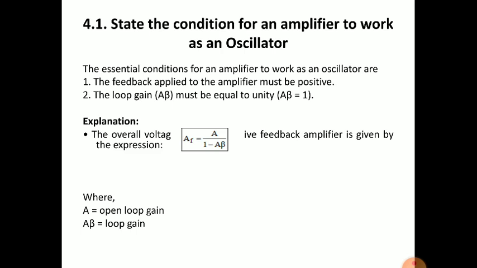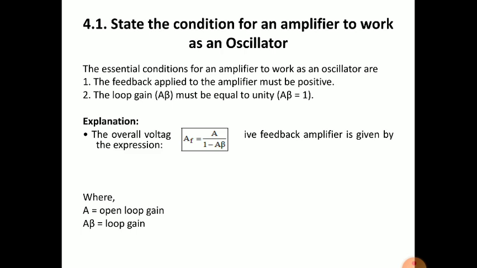Good stability is an important factor. But in case of positive feedback, though it increases the gain, the stability is lesser compared to negative feedback. So how should that be sustained in order to produce oscillations? Because these two conditions have to be met. The loop gain must be equal to unity is the other condition.